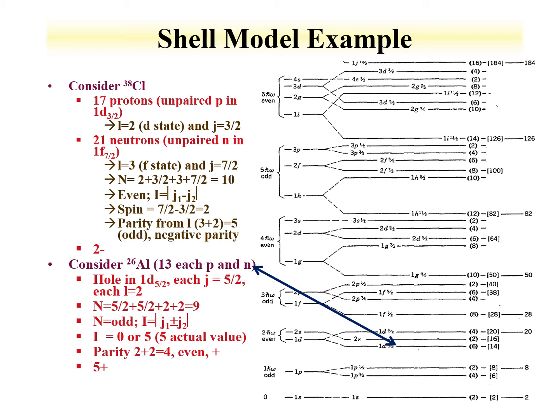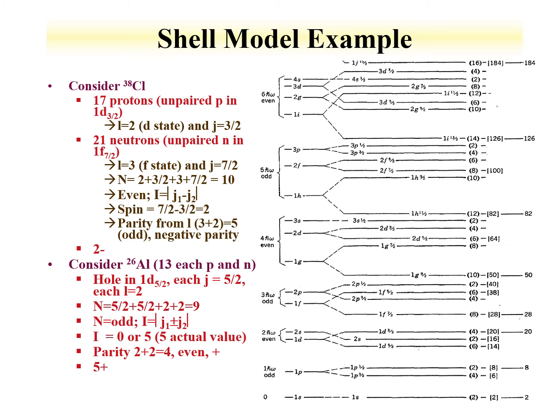value. So the spin is going to be the absolute value of the sum or the difference of the spin values. Each spin value is 5/2. So 5/2 plus 5/2 is 5. 5/2 minus 5/2 is 0.